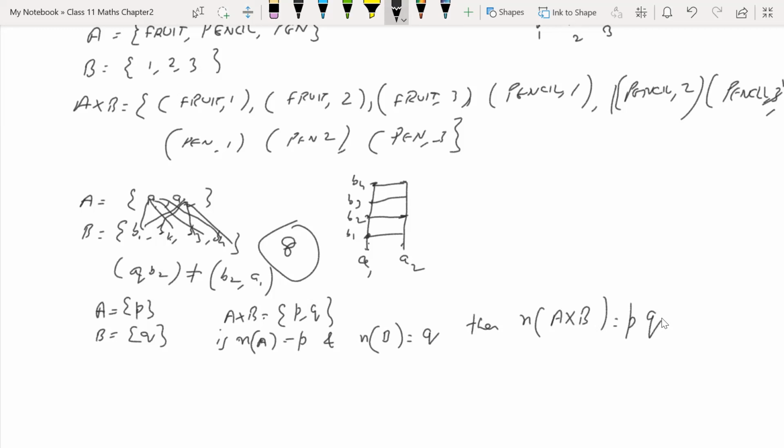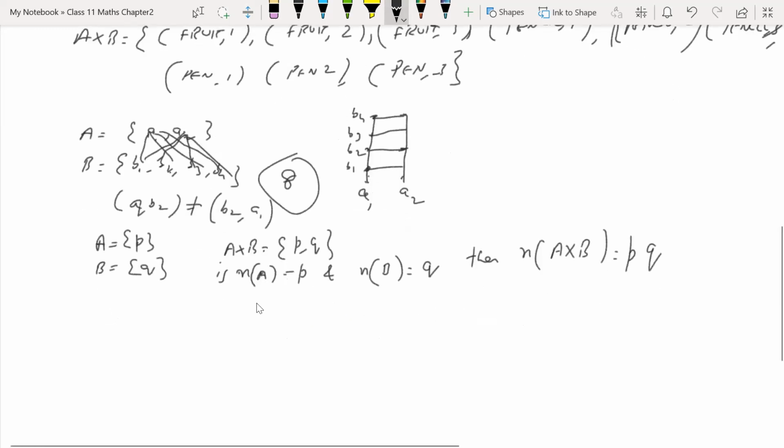Only this condition must be satisfied. If A and B are non-empty sets and A or B is an infinite set, so is A×B.